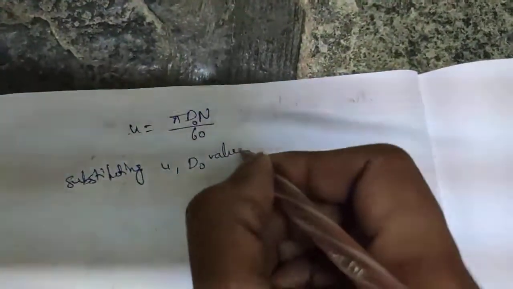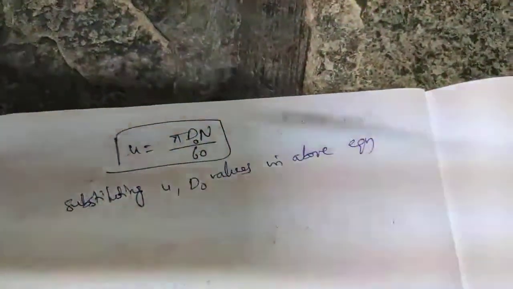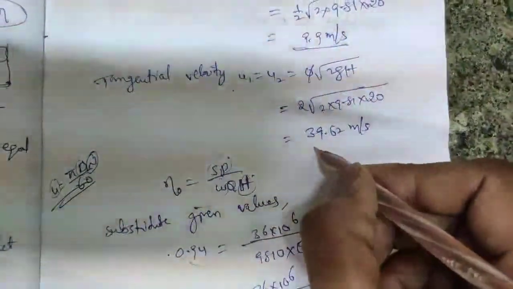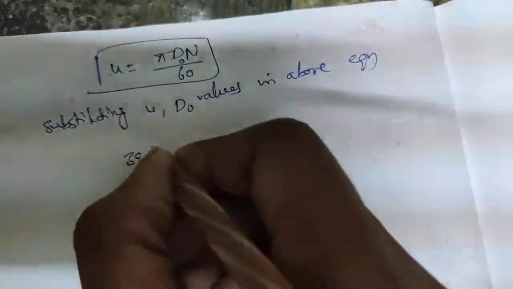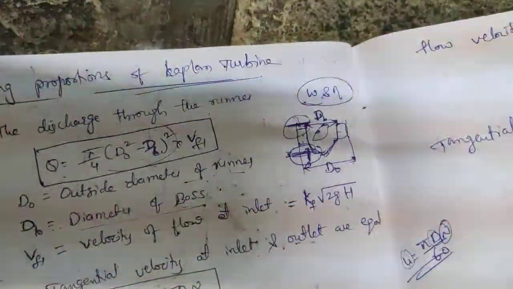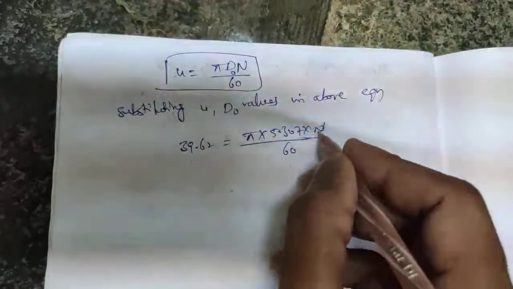Substituting u and d naught values in the above equation, u, the tangential velocity, is 39.62 meter per second, and d naught value is 5.307.